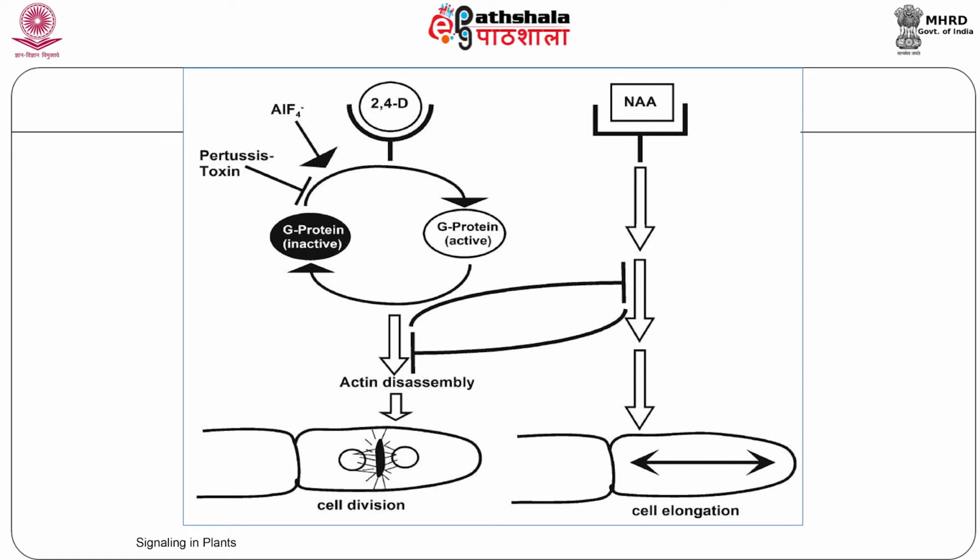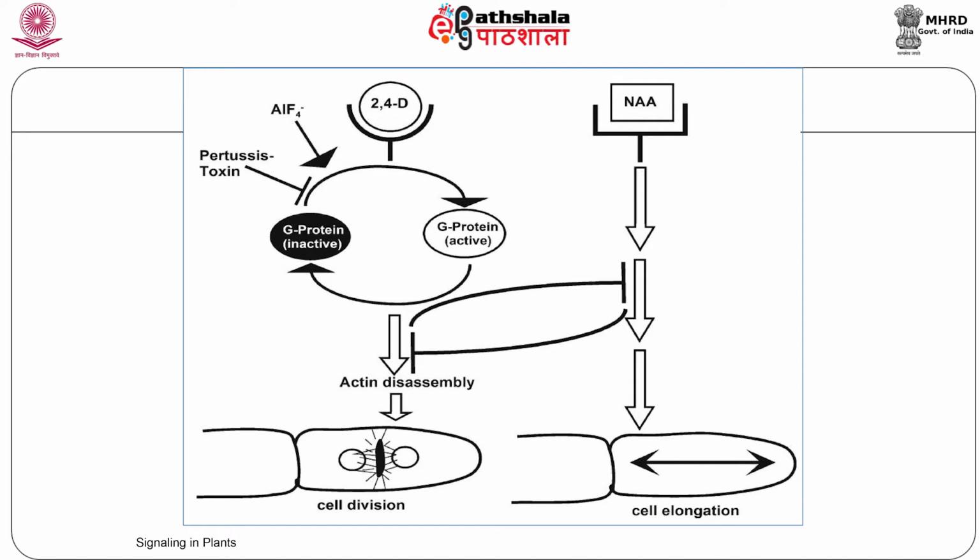independent of G protein activity and does not cause a disassembly of actin, whereas the auxin receptor with high affinity for 2,4-dichlorophenoxyacetic acid triggers a signal chain that involves the activity of G protein and triggers disassembly of actin filaments.